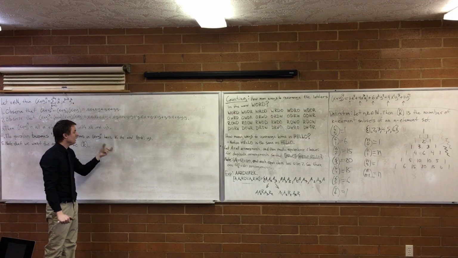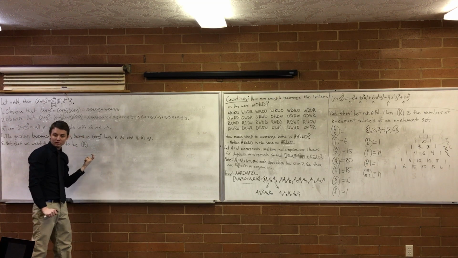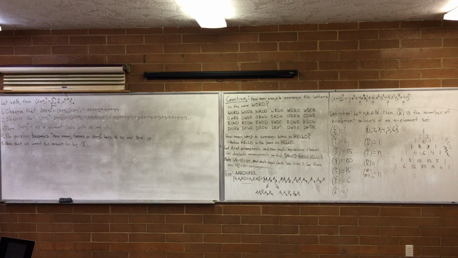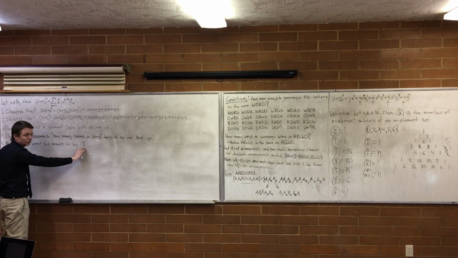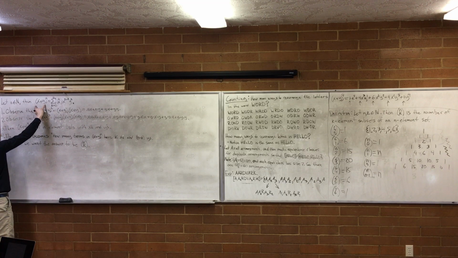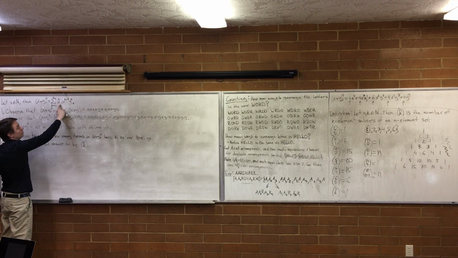In other words, how many of a specific term? That's what we want to count now. Obviously, we want the answer to be n choose k. That's what we're saying we get here. We're saying when you expand this out, you get n choose k of this term.